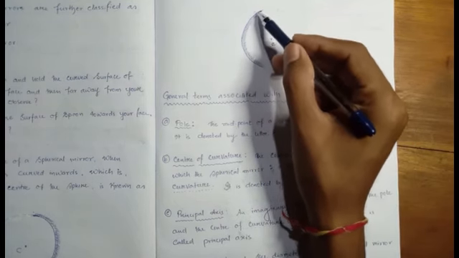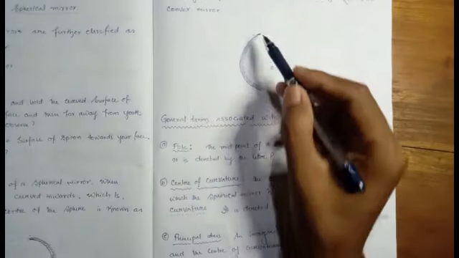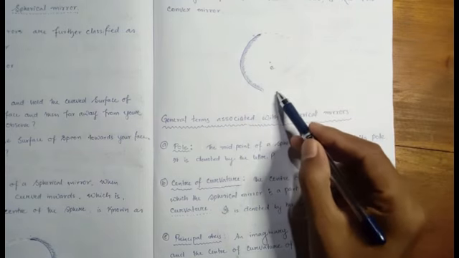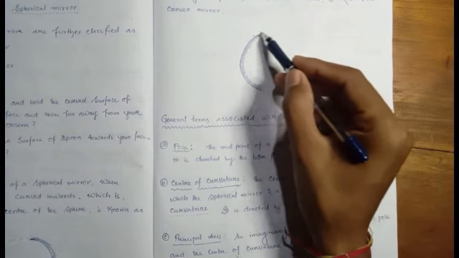Suppose this is your convex mirror, and you can consider that this convex mirror is a part of your hollow sphere.